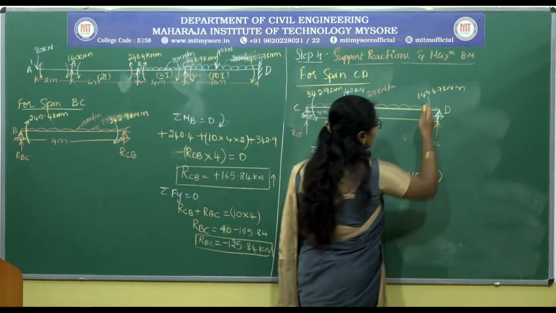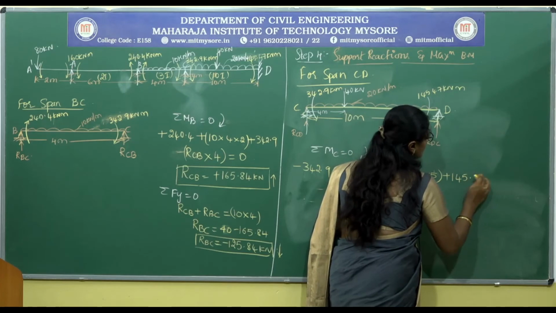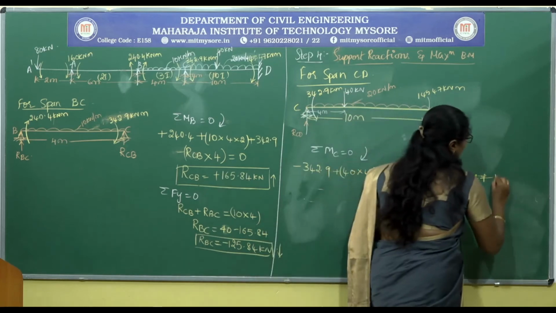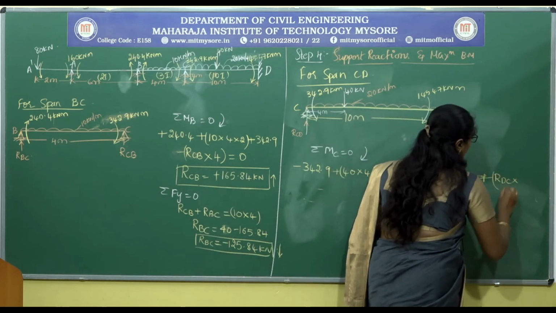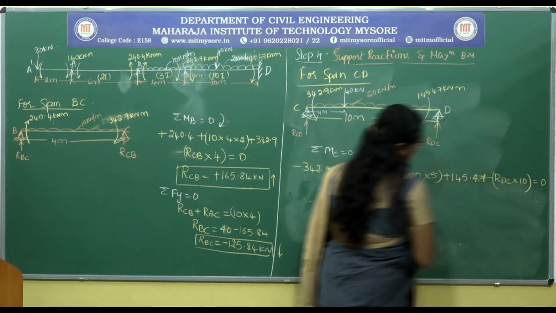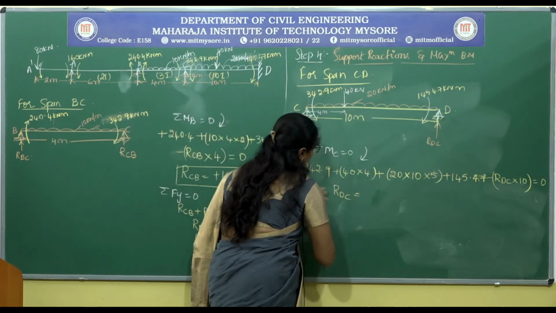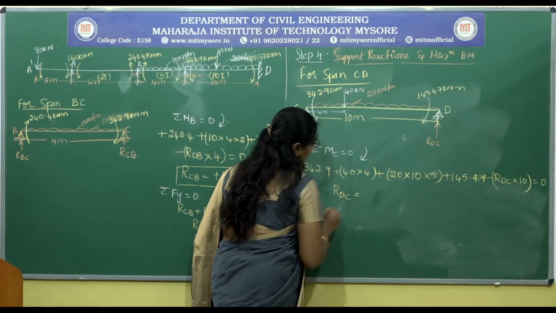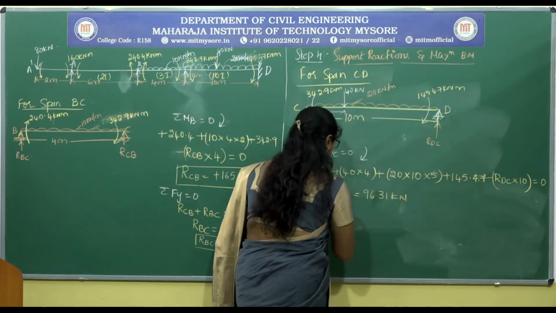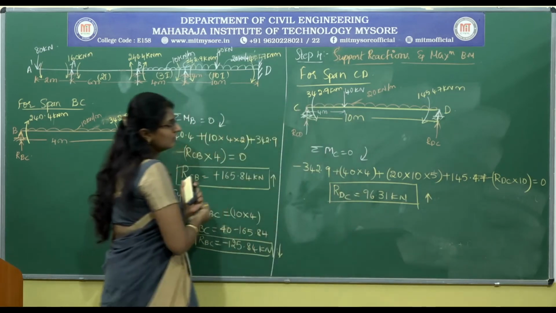Then this 145 is also acting in the clockwise direction. Then finally RDC is acting in the anti-clockwise direction multiplied by the 10. So totally the reaction at D, that is RDC, is given by 96.31 kilonewton. Since it is positive, I consider the direction as upwards.